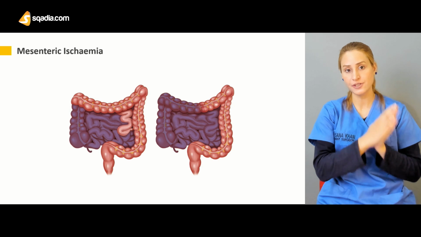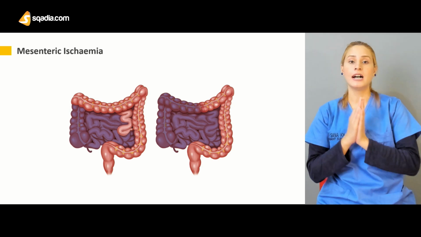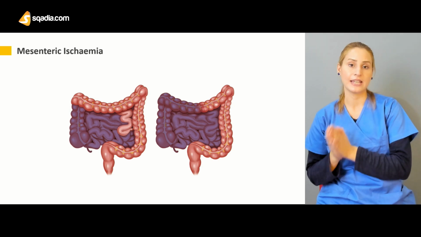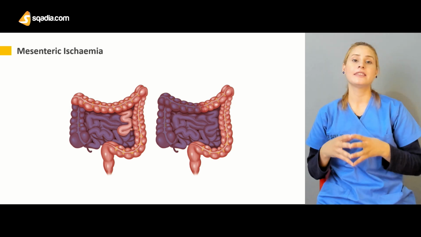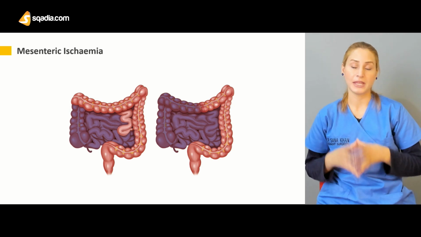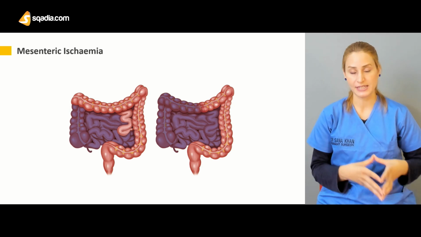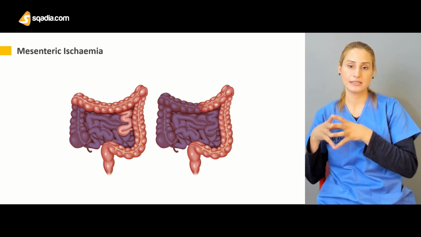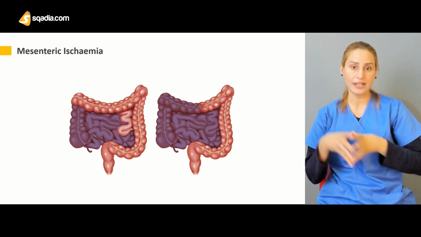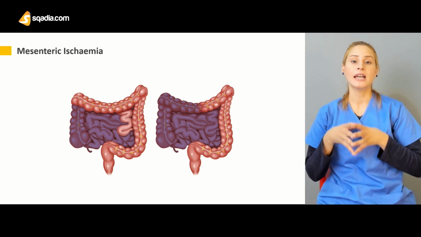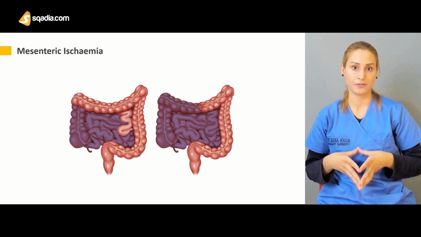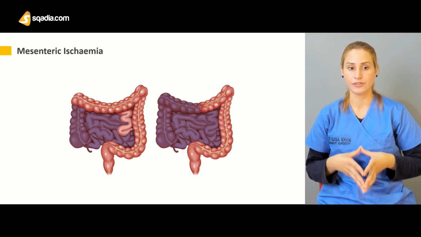From the duodenojejunal flexure till the splenic flexure, or mid-transverse colon, the whole midgut is supplied by the superior mesenteric artery. And from the splenic flexure down to the rectum, the supply comes from the inferior mesenteric artery.